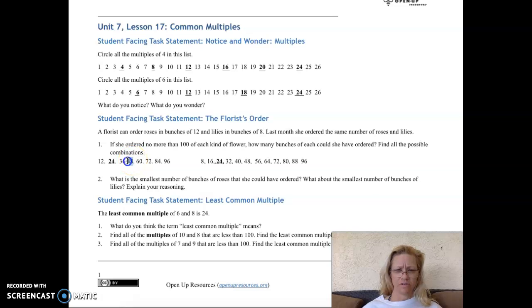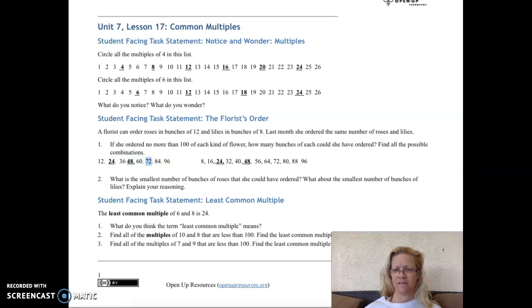48 is also a common multiple. So I'm going to highlight that. They have it in common. Therefore, it is a common multiple. I'm going to highlight it, and I'm going to underline it. Okay, are there other numbers here that are common multiples? 60? Nope. 72?